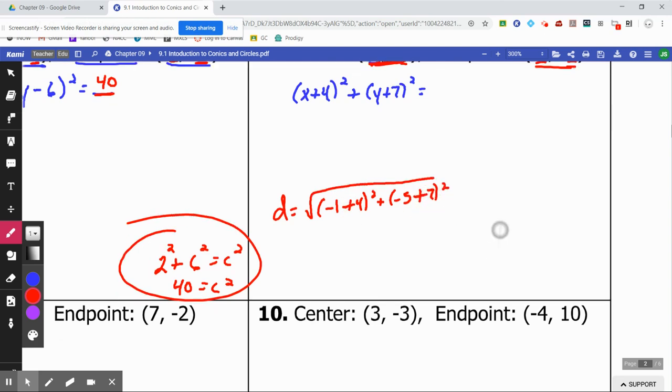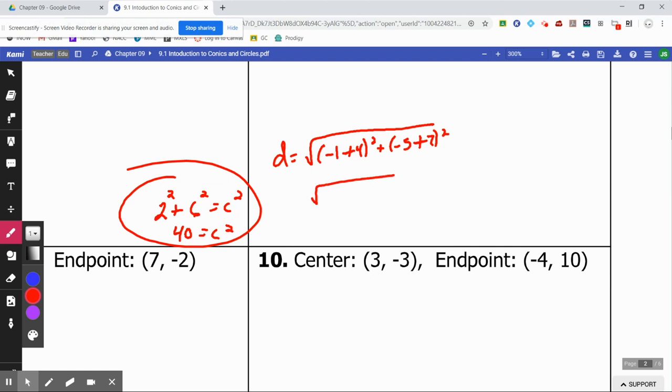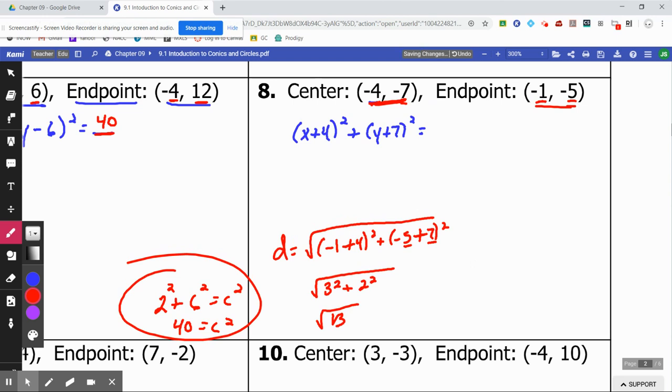Minuses change to pluses. That's going to be the square root of -1 plus 4, which is 3 squared, plus -5 plus 7 is 2 squared. That'd be the square root of 9 plus 4, which is 13. So my distance is the square root of 13. So therefore, since this is radius squared, that distance is the radius. So since this is r squared, it'd be plain 13.